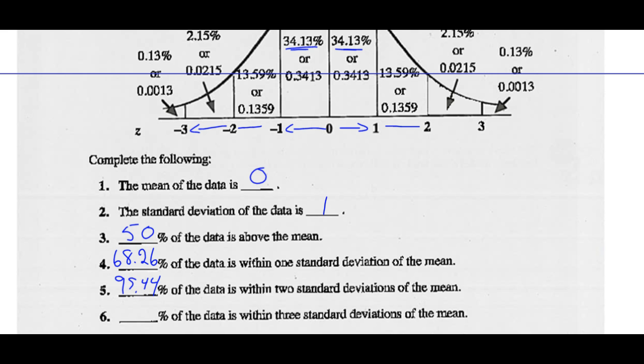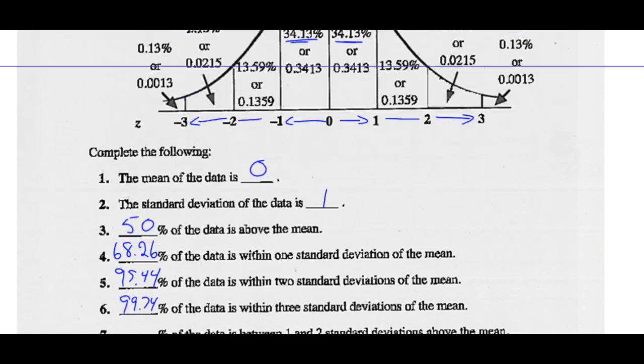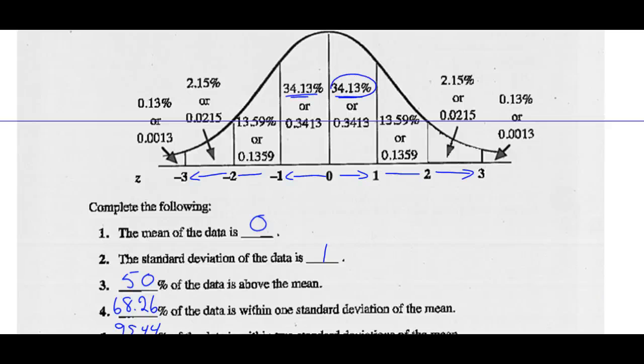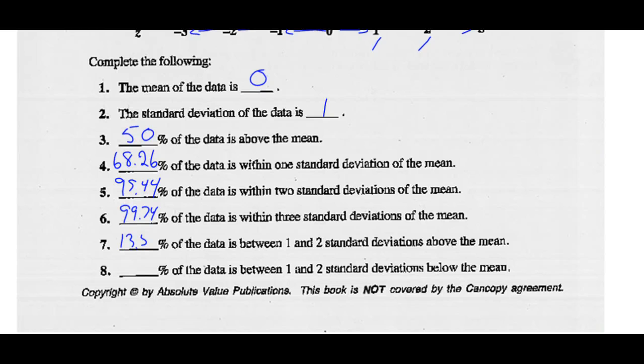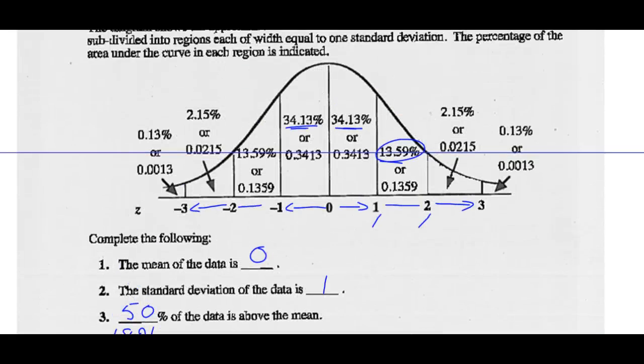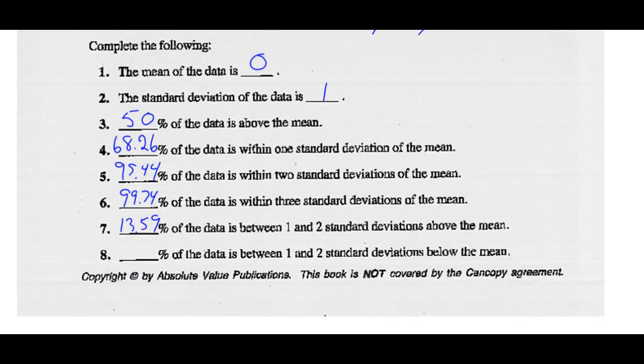So now we're going to add another 2.15%. So within 3 standard deviations of the mean will give us 99.74% of the data. Percent of data between 1 and 2 standard deviations above the mean. So between 1 and 2 above the mean, that's this, between 1 and 2, 13.59%. And the percent of data between 1 and 2 standard deviations below the mean is also 13.59%.